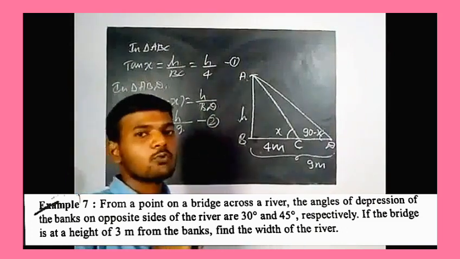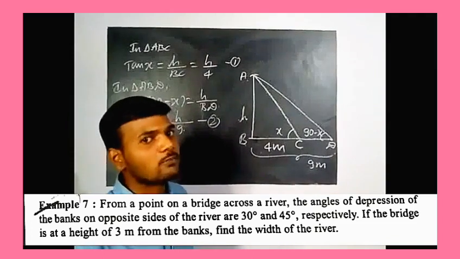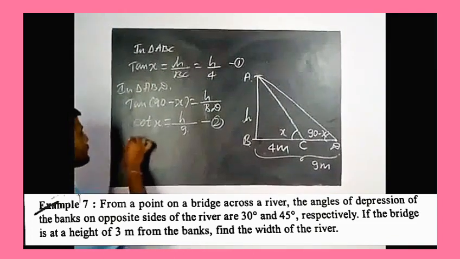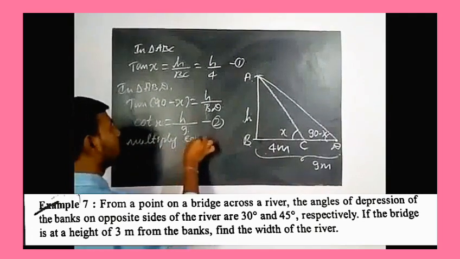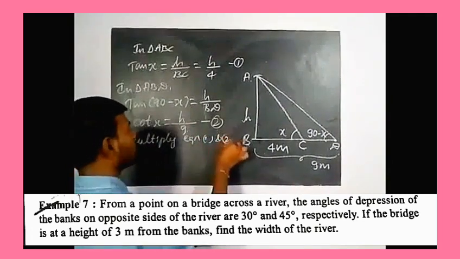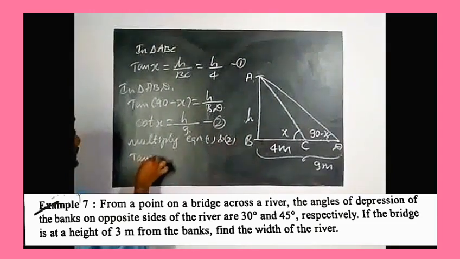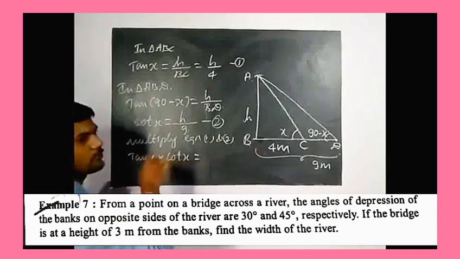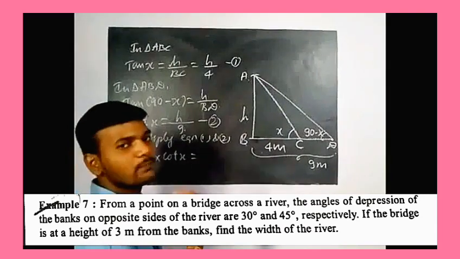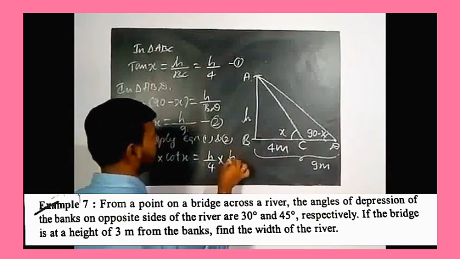In order to prove the height of the building is 6 meter, we have to multiply equation 1 and 2. Then we are getting tan x into cot x is equal to h by 4 into h by 9, LHS multiplied to LHS and RHS multiplied to RHS.